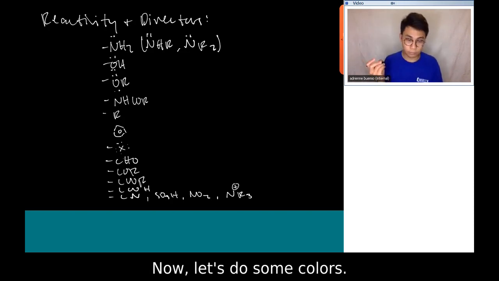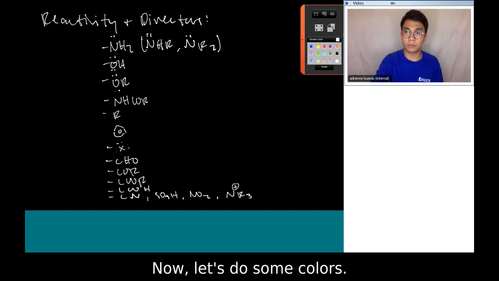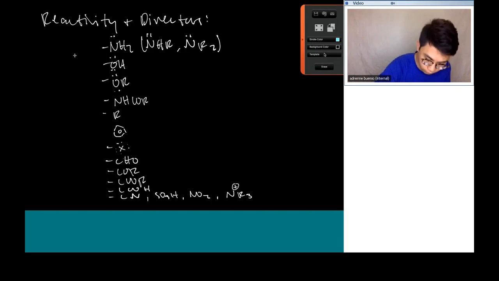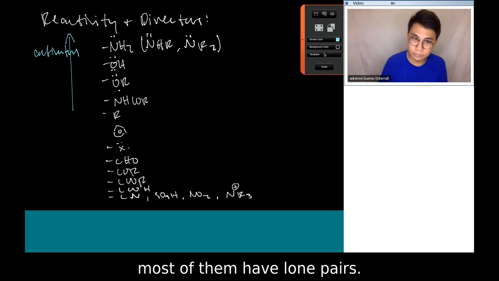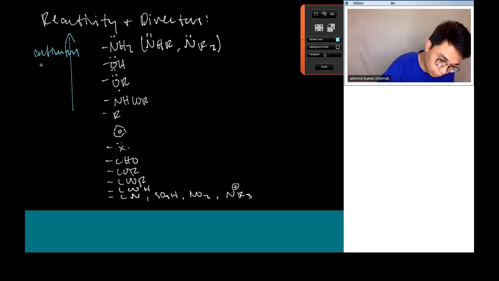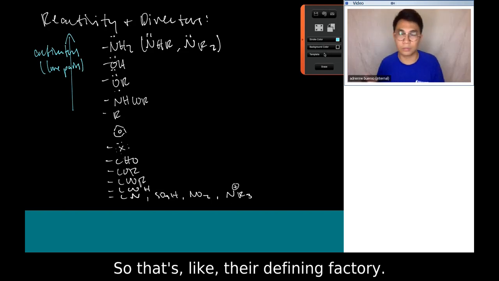Now let's do some colors. So let's do blue. These are all activators, right? And you can kind of tell most of them have lone pairs, right? So that's kind of their defining factor.